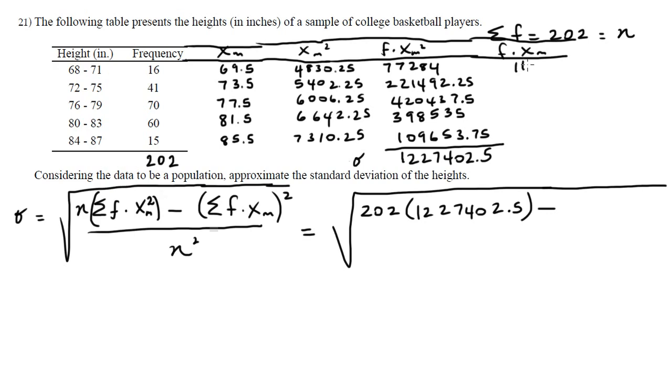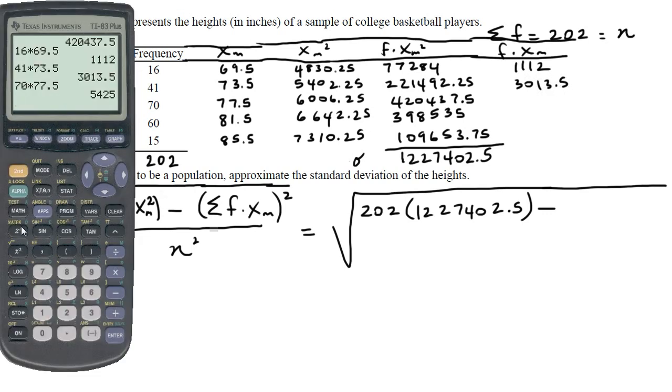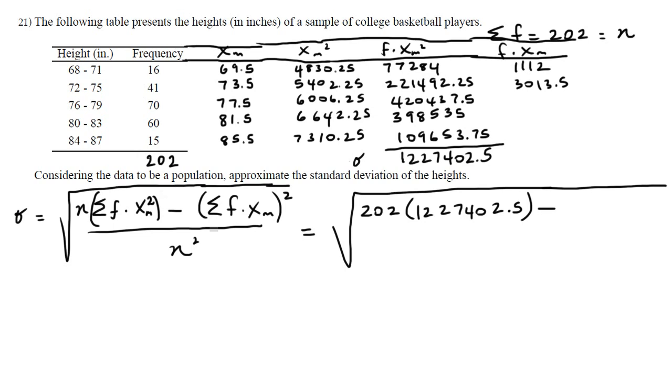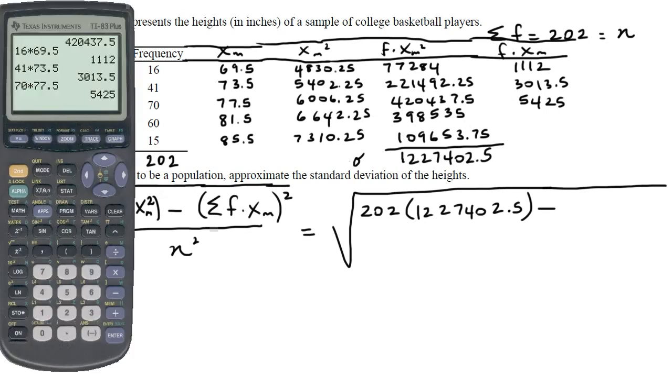That's 1112, then 3013, then 5425. Frequency times the midpoint. And then what do we have? 60 times 81.5 and 15 times 85.5, that's 4890 and 1282.